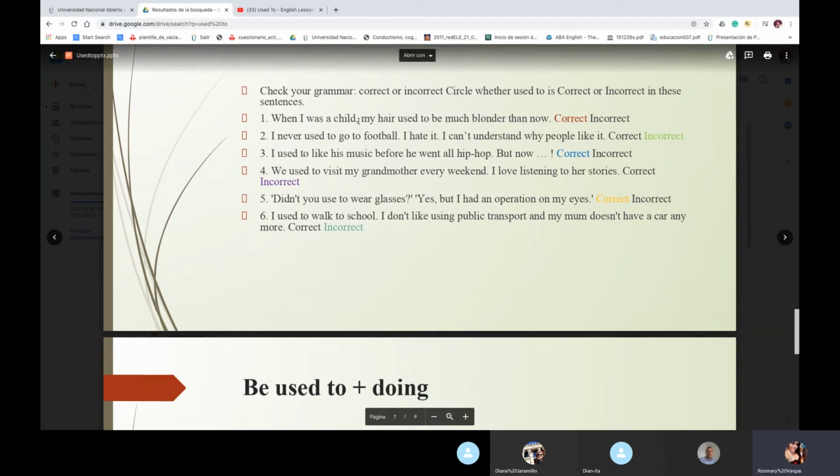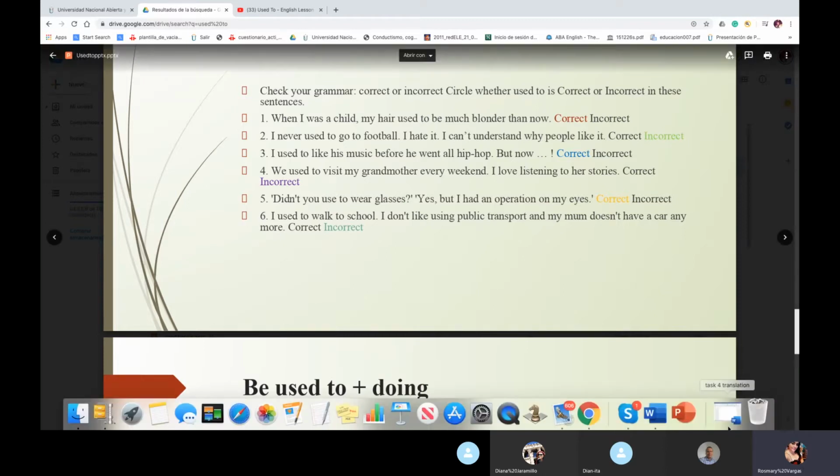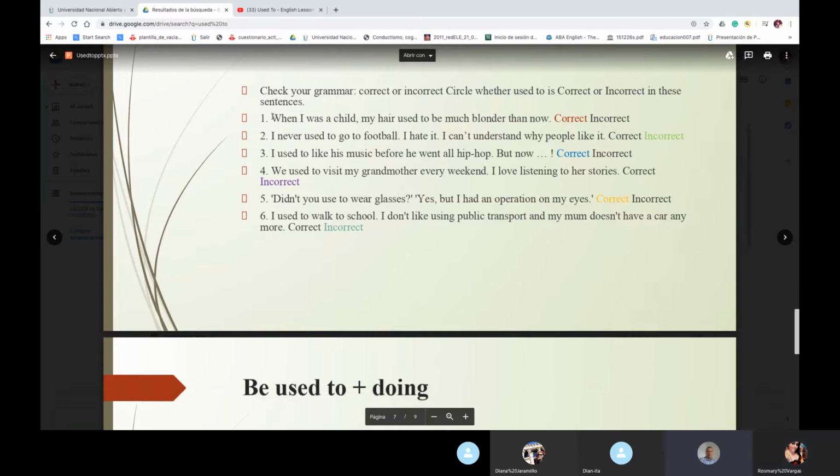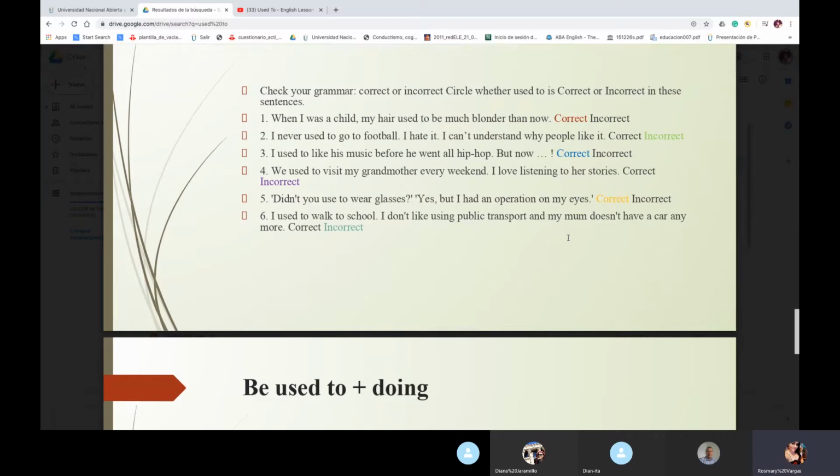When I was a child, my hair used to be much blonder than now. Is it correct or incorrect, Andres? What sentence, teacher? The first one. When I was a child, my hair used to be much blonder than now.